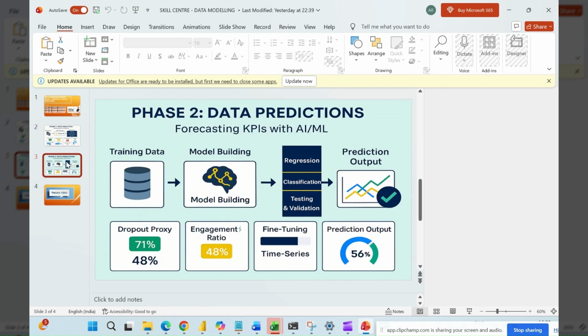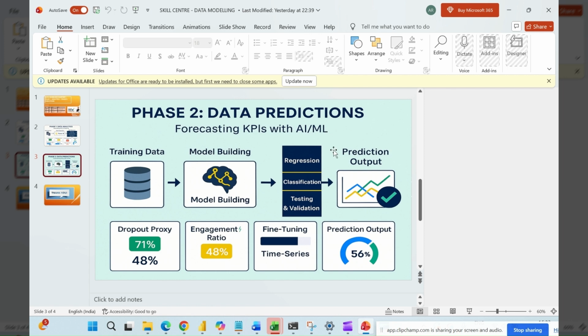Then what is phase two? Phase two is data prediction, forecasting KPIs with AI/ML algorithms. In phase two, we will move ahead and forecast predictions using AI and ML models, as I already told. We will train on historical KPIs and use different algorithms, regression, classification, or whatever there are.